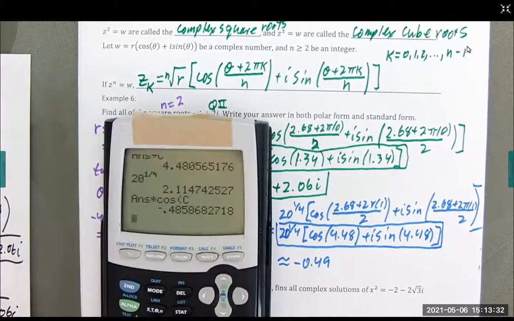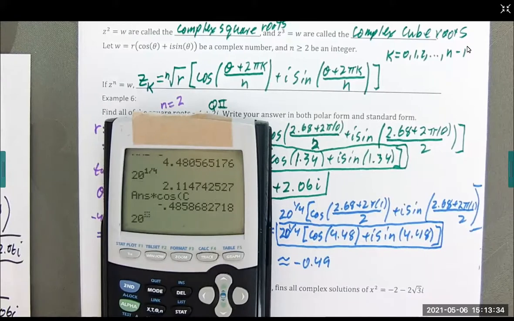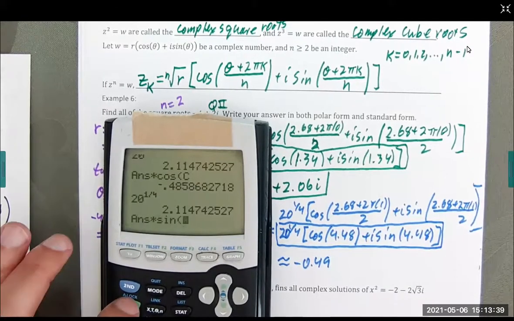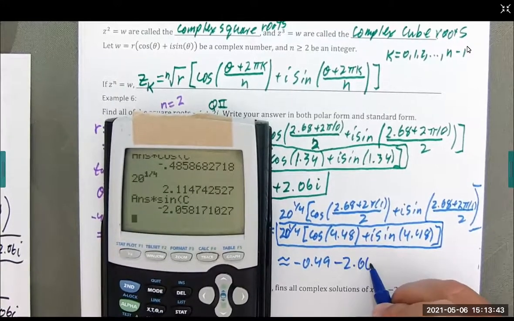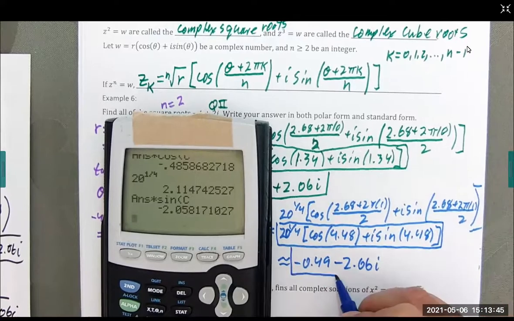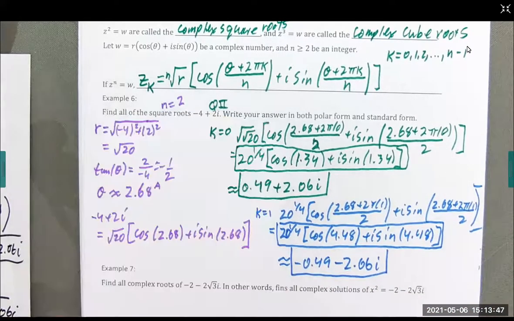And now 20 raised to the 1/4 power times the sine of C, minus 2.06i. And you can certainly compare these two answers that we got. There's definitely a comparison there. One with the negatives, one with the positives.